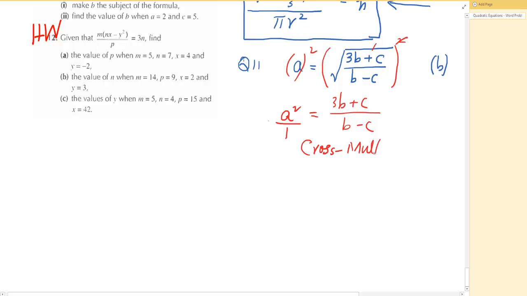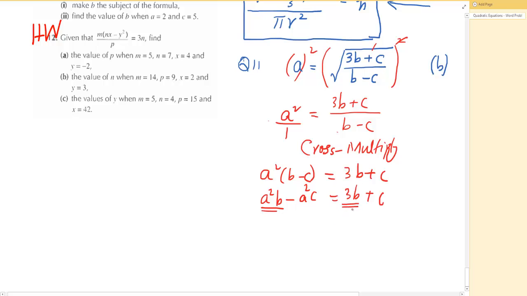So this will multiply with a square, b minus c, multiply over here, and 1 multiply. So it is a square b minus ac a squared.